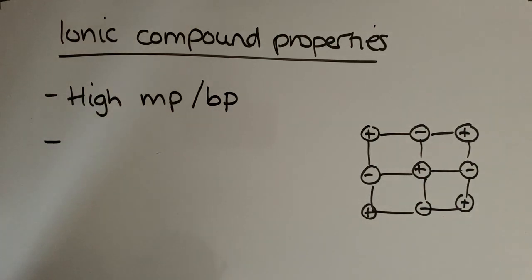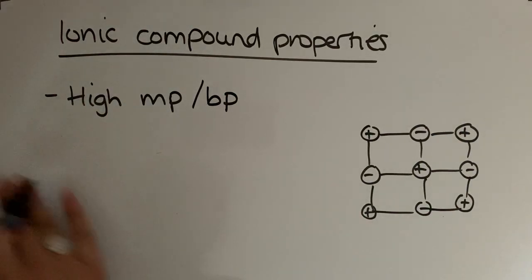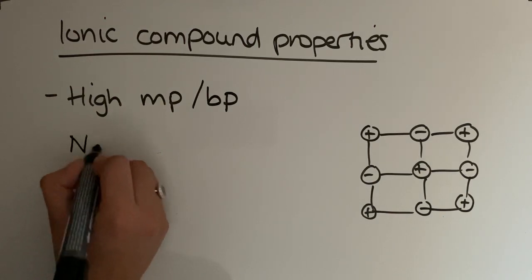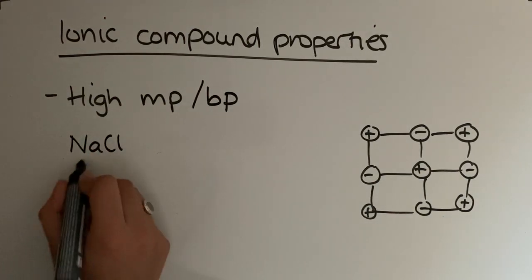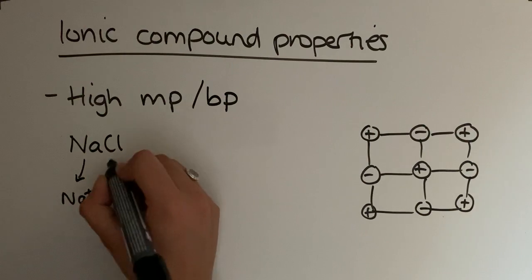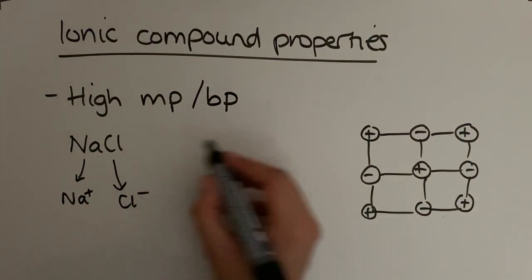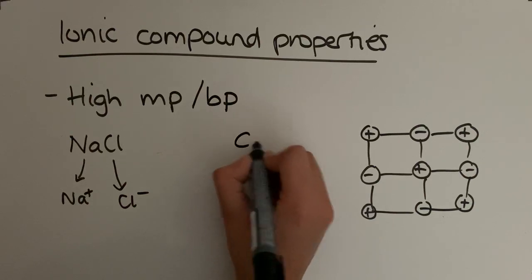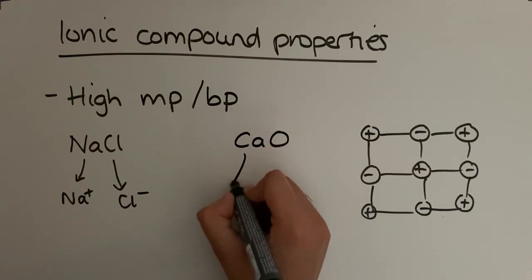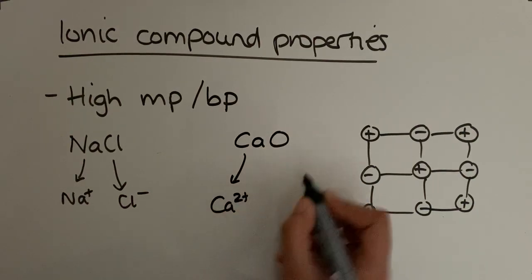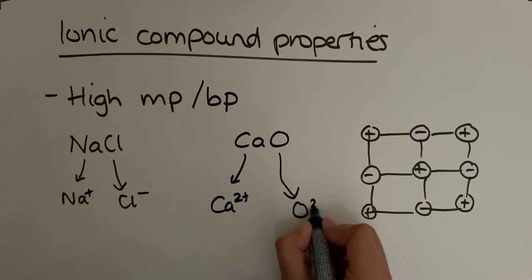Also, it's worth pointing out that, for example, if we have sodium chloride, that's made up of Na+ and Cl-. If we compare the melting point with calcium oxide, calcium has a charge of 2+ and oxygen has a charge of 2-.